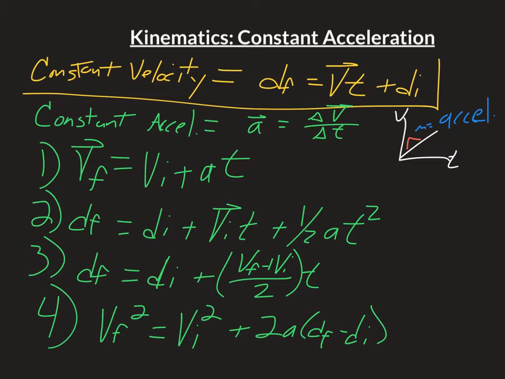Okay, so take a look at these. Make sure you have all of these down and in the proper order. This is 1, this is 2, this is 3, this is 4. We're going to need to use these over and over and over again, because this is how we'll be doing all projectile motion. So if you need time, pause this video here and copy them down.